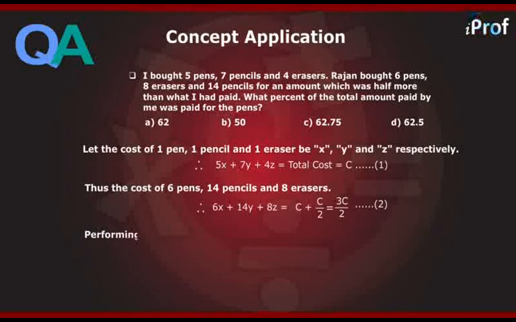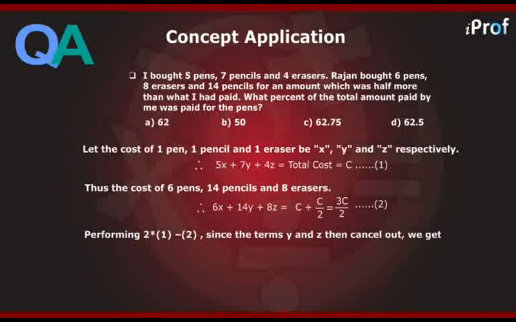Subtracting equation 2 from 2 times equation 1, since the terms Y and Z then cancel out, we get X equal to C by 8, which is nothing but the amount paid by me for 1 pen. Thus, the amount spent on 5 pens is equal to 5X equal to 5C divided by 8.